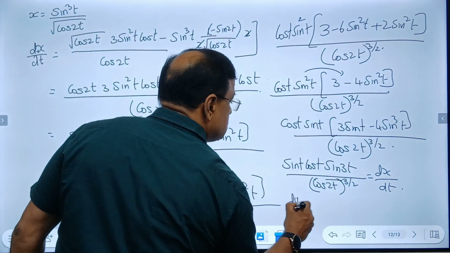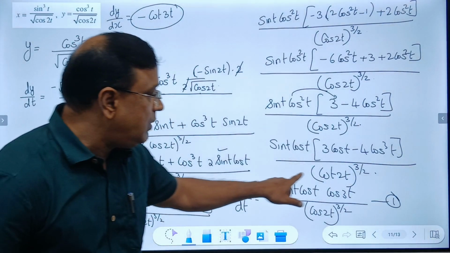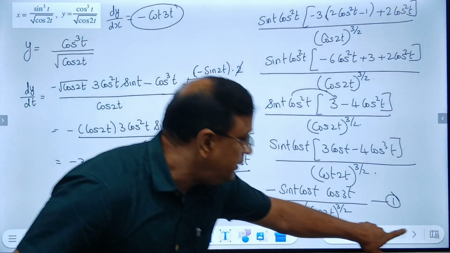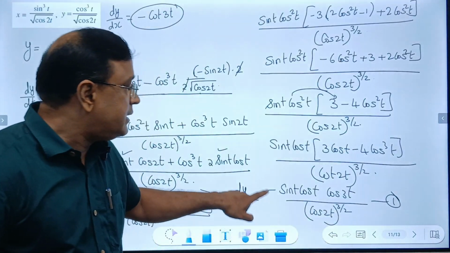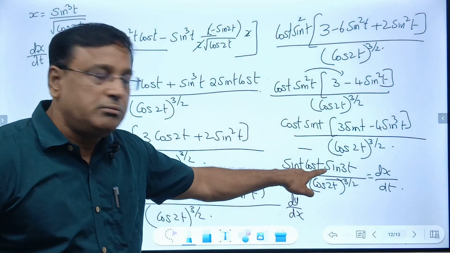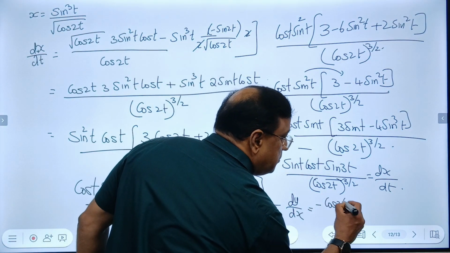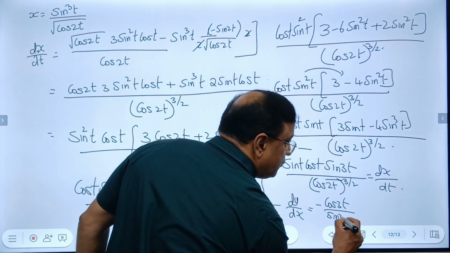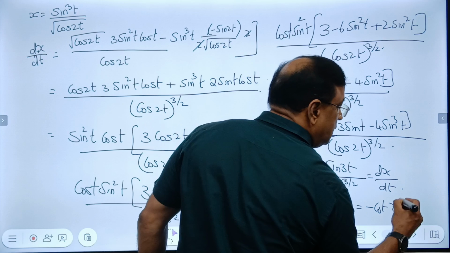Now dy by dx will be dy by dt, that is this one, divided by dx by dt. You see, everything is same except that on the numerator you'll get minus cos 3t, denominator you'll get sin 3t. So it will be minus cos 3t by sin 3t, whereas all other terms get cancelled. So the answer is minus cot 3t.